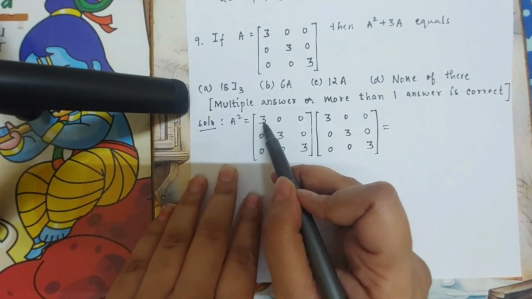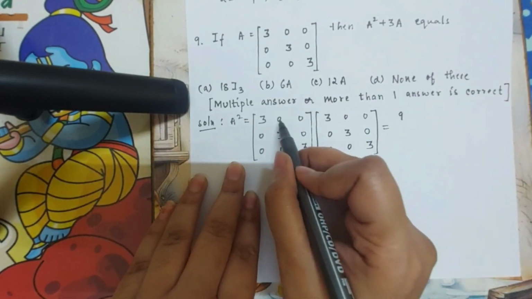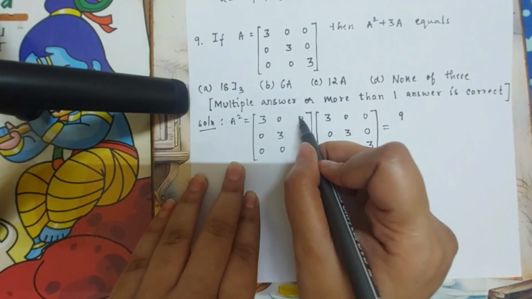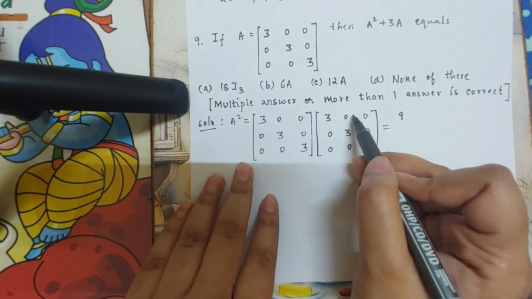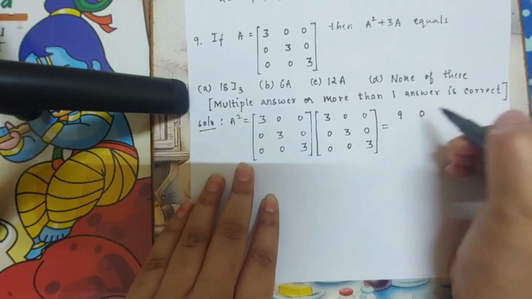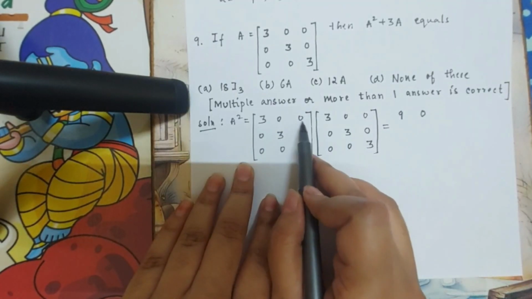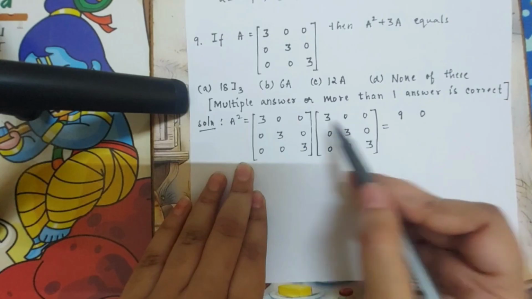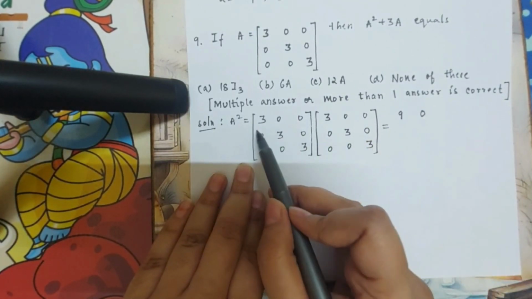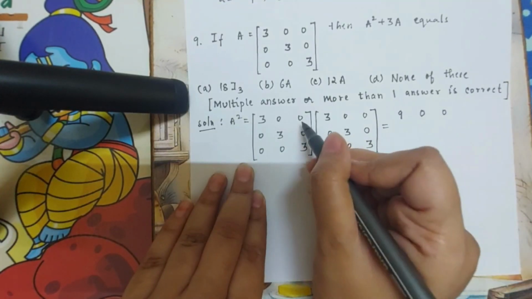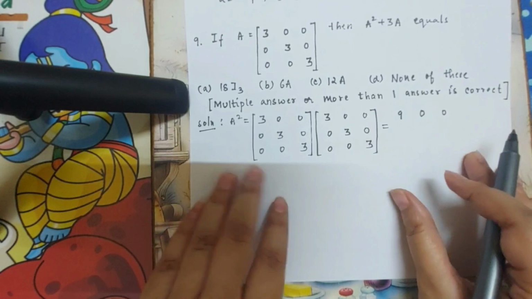First we'll be considering the first row and first column. 3 3s are 9, plus 0 into 0 is 0, again 0 into 0 is 0. First row, second column: 3 zeros are 0, then 0 into 3 is 0, 0 into 0 is again 0. Now we'll be considering the first row and the third column. 3 zeros are 0, 0 into 0 plus 0 into 3 is again 0.